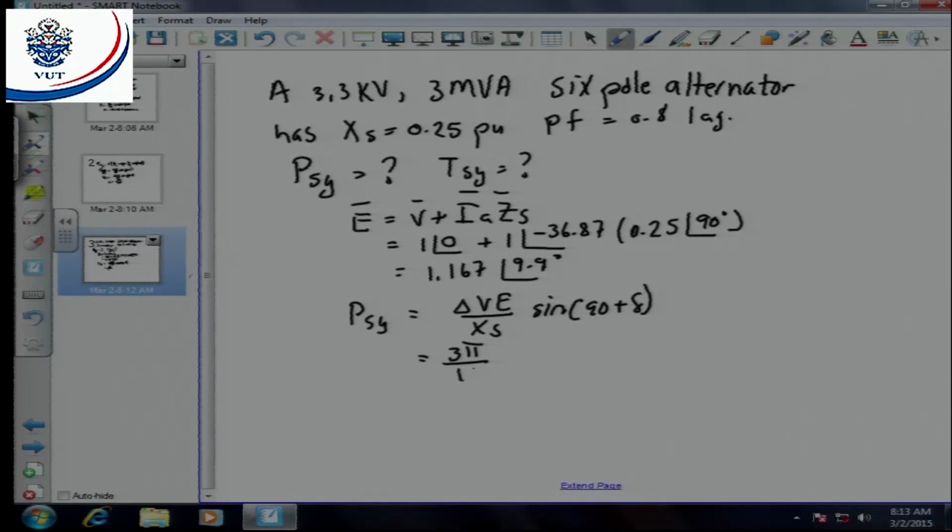And again, to convert back to actual torque, that will be 0,0023 times 3 MVA, which is 6,904 Newton meters.